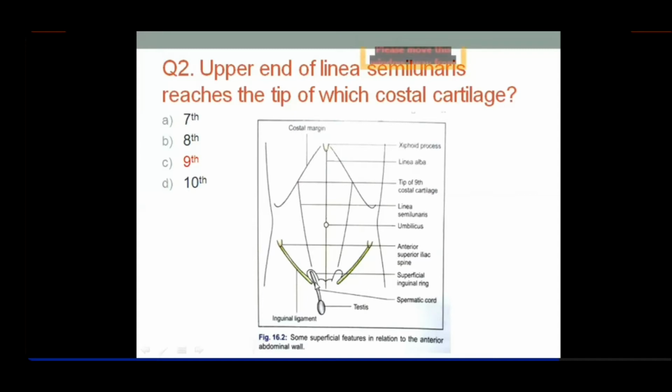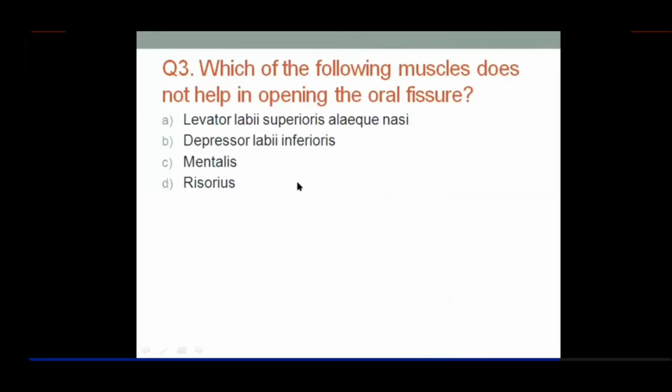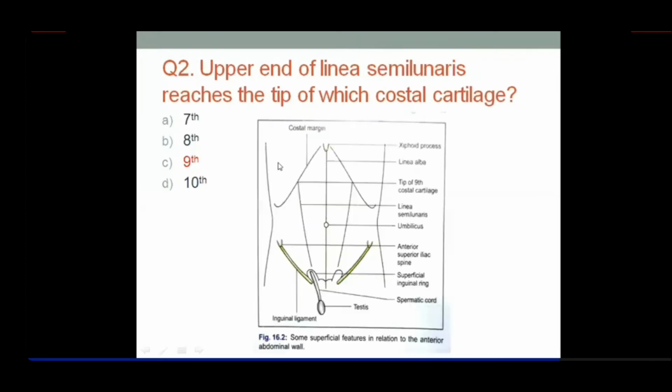It extends from the pubic tubercle and reaches up to the tip of the ninth costal cartilage. By the way, in this diagram, can anybody tell me what structure lies deep to the tip of the ninth costal cartilage? Murphy's point. The structure lying below is the fundus of the gallbladder. Right. Okay, Akash.